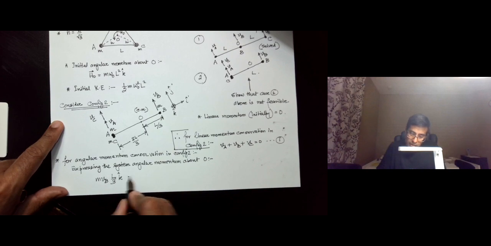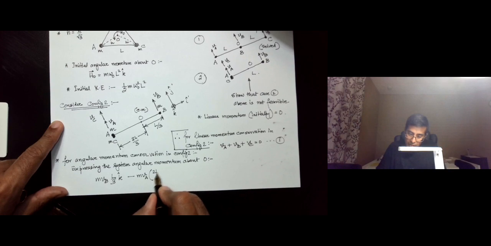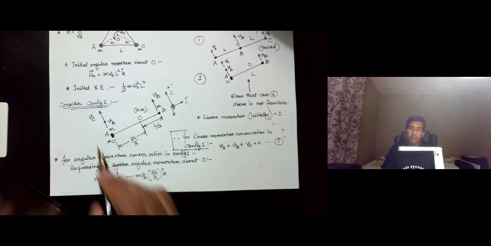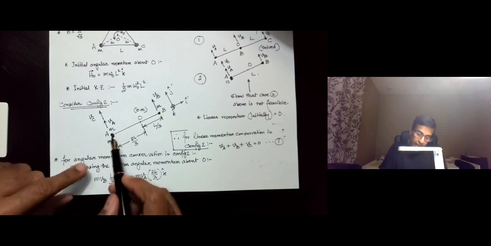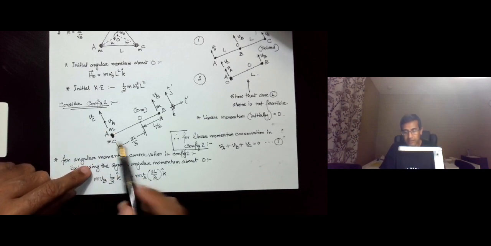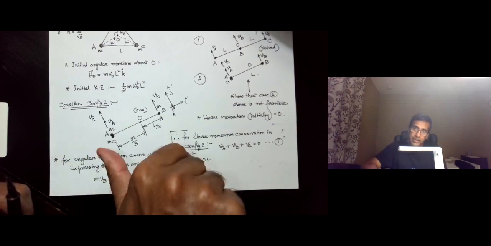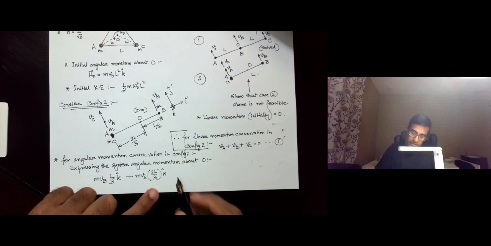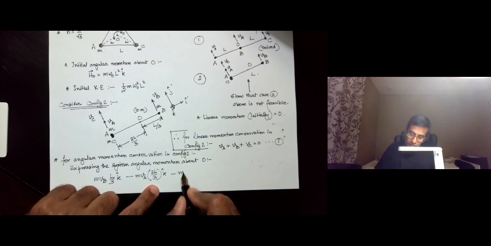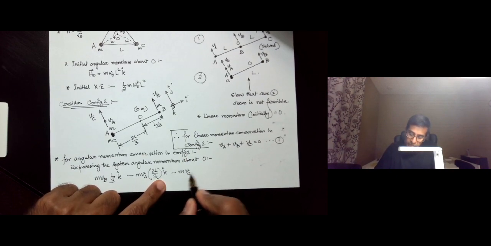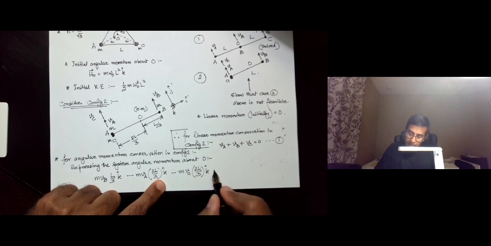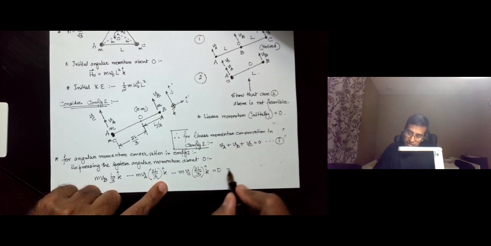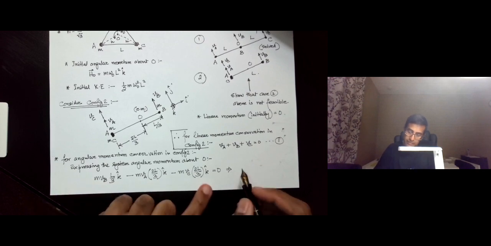VA is going to be negative mVA 2L over 3, which is the angular momentum due to the motion of A, with velocity VA, and it is negative because it has a clockwise turning effect. And similarly for C, it's going to be negative mVC 2L over 3 k.